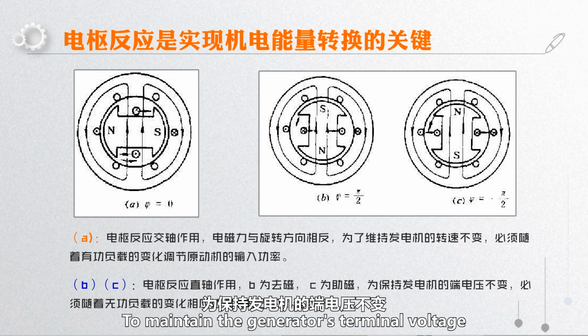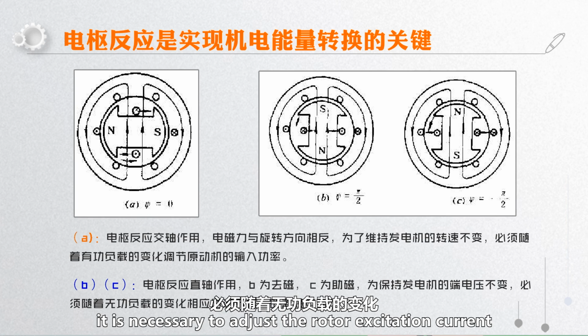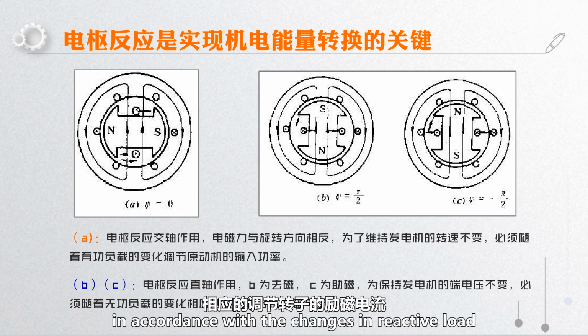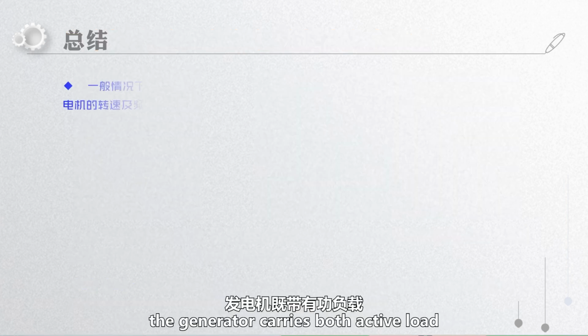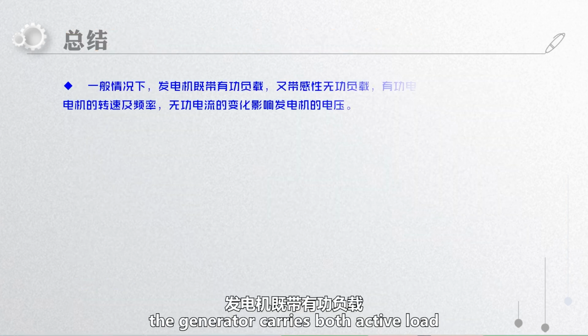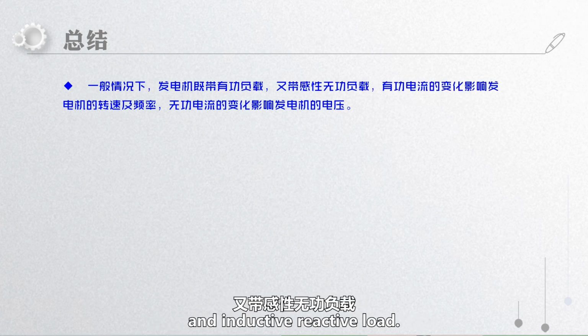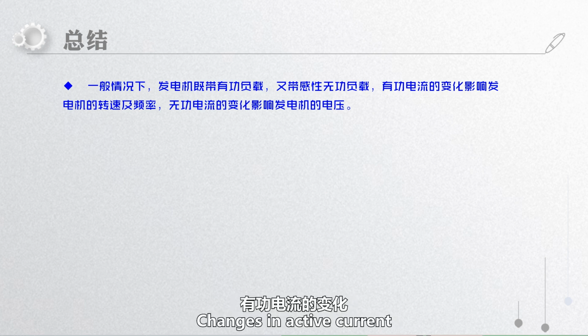To maintain the generator's terminal voltage, it is necessary to adjust the rotor excitation current in accordance with the changes in reactive load. Generally, the generator carries both active load and inductive reactive load.